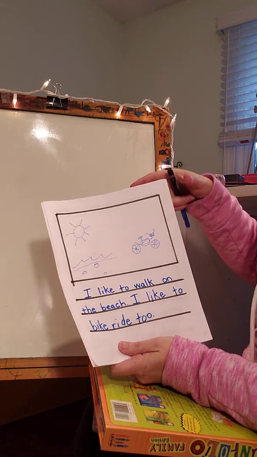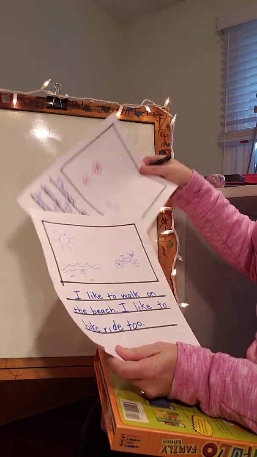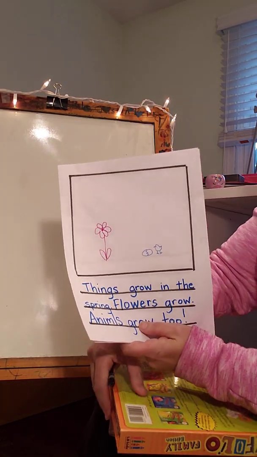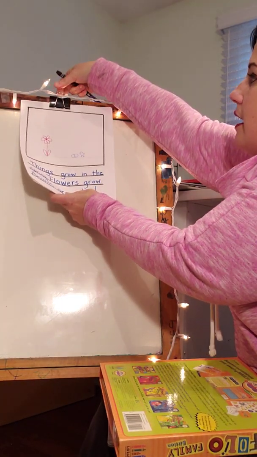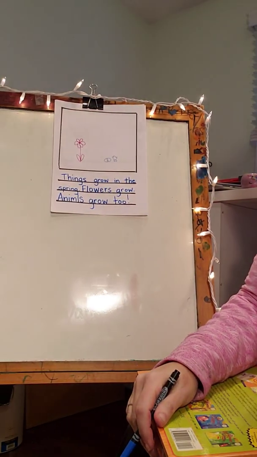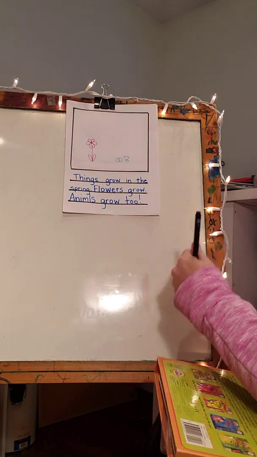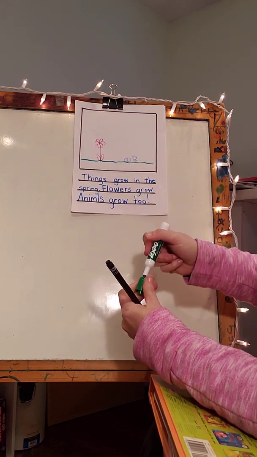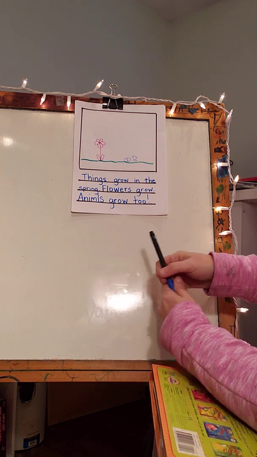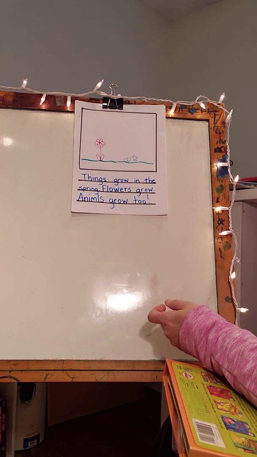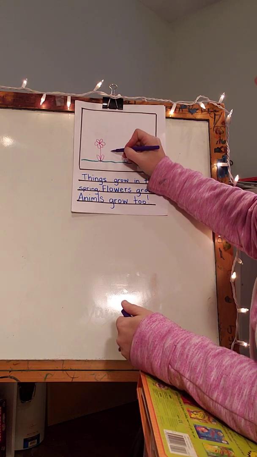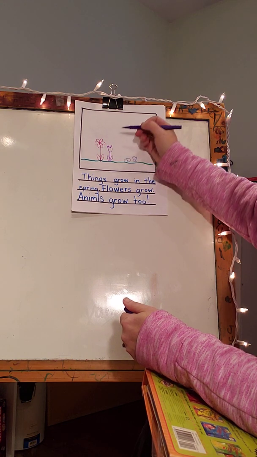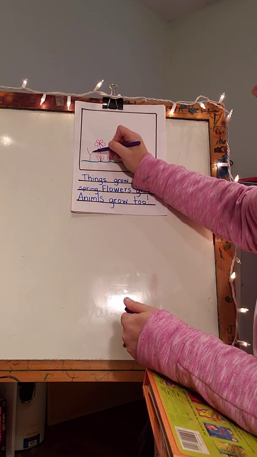And in my second picture, you know what? Oops, I did it again. Here's my second one, things grow. My flower kind of looks like it's just growing out of nowhere. So I might go back and put some grass down, and I might add another color and maybe do another flower and another flower.